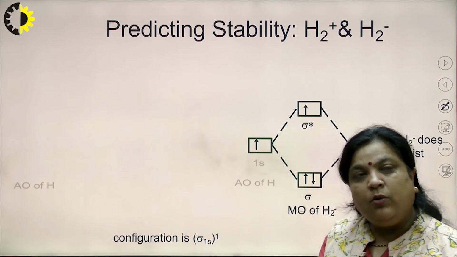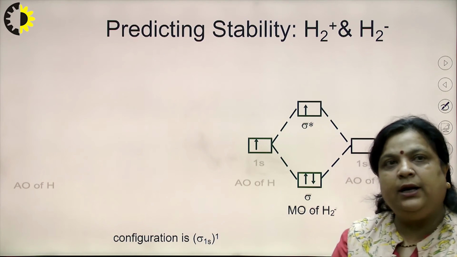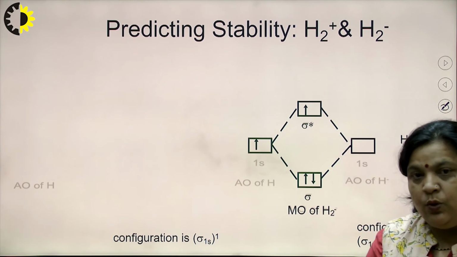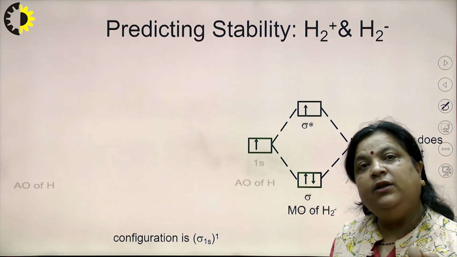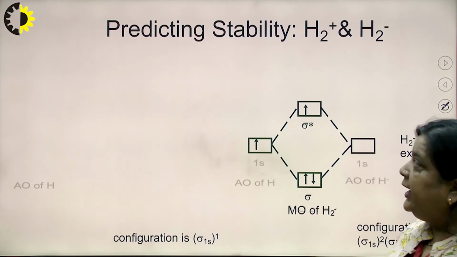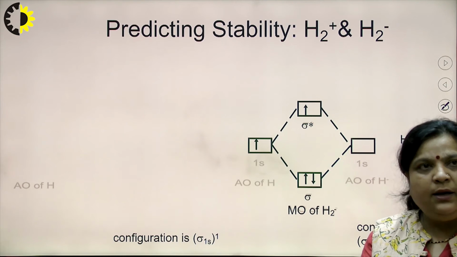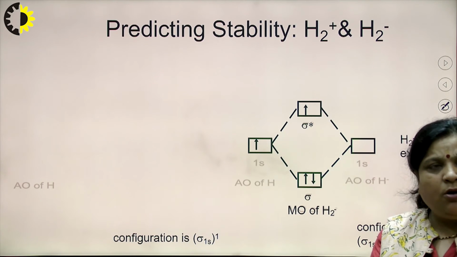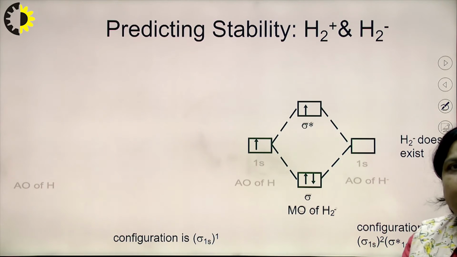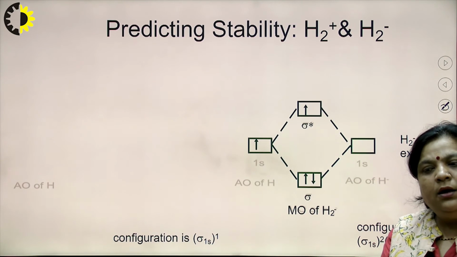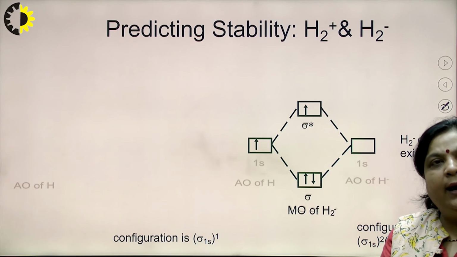Bond order 0 means the molecule is not possible, and in case of inert gases, that is for He2, for Ne2, the bond order will be 0. If bond order is negative, the molecule is impossible. This condition does not occur, because the number of bonding electrons must be either more than or equal to antibonding electrons.